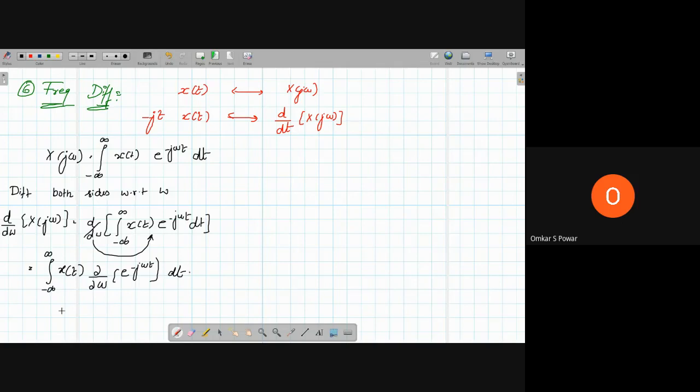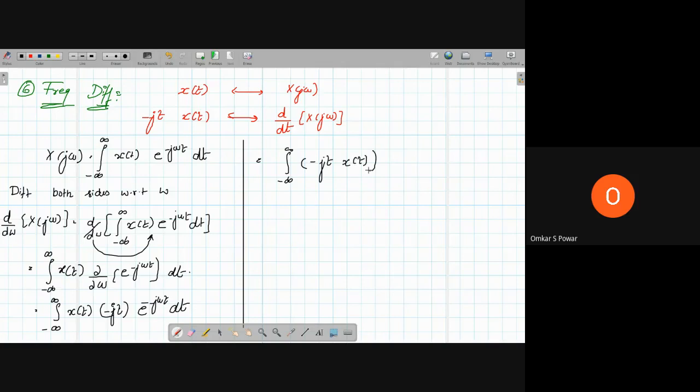Further we can simplify this one: integral from minus infinity to infinity x(t), differentiation with respect to ω gives minus jt into e^(−jωt) dt. Now we simplify this further, which is equal to integral from minus infinity to infinity of minus jt x(t) into e^(−jωt) dt.